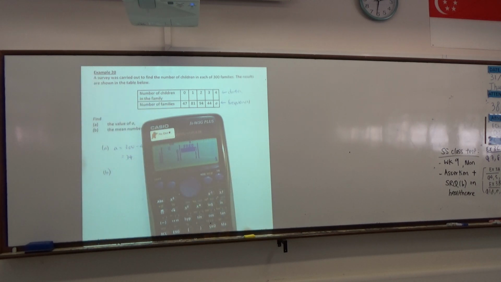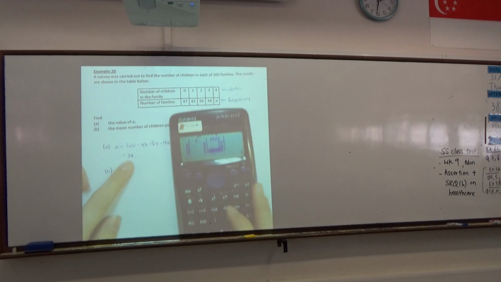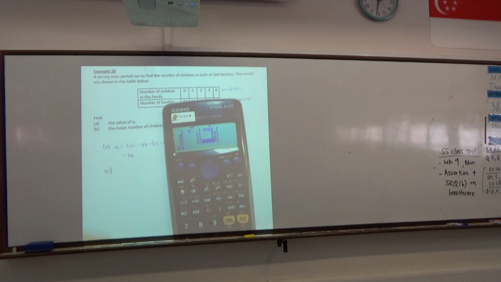Then you change the frequency. So that will be 47, then equal sign, 81, 94, 44, and A has been found to be 34. Everyone following?